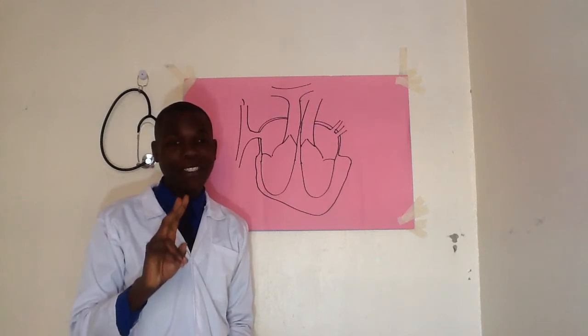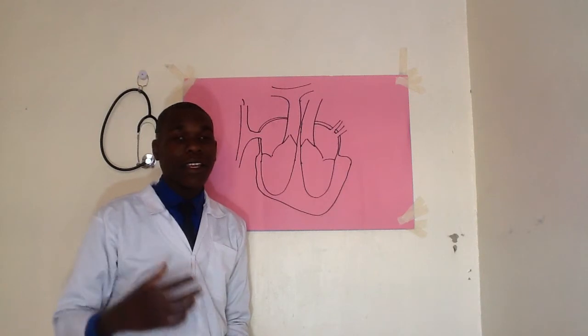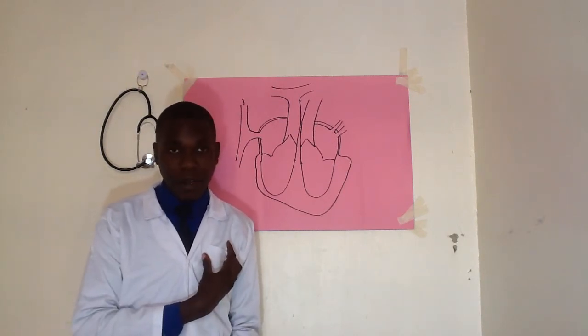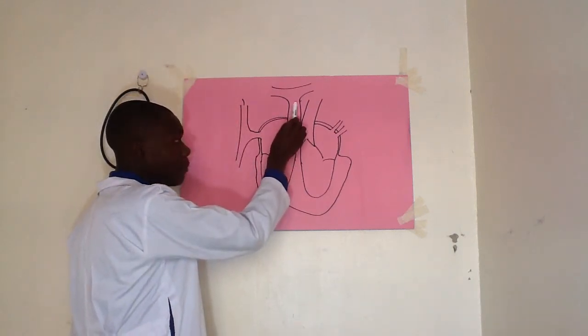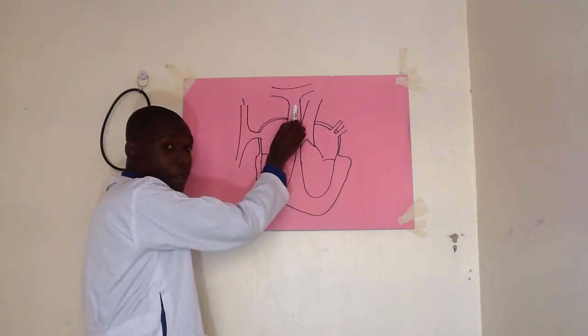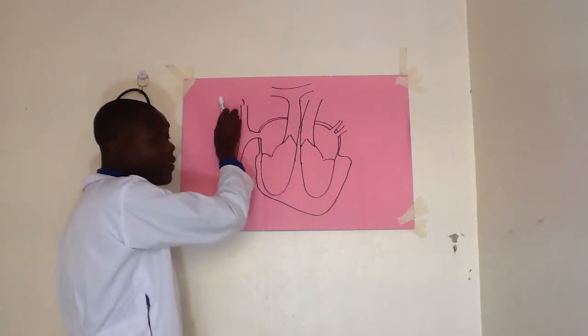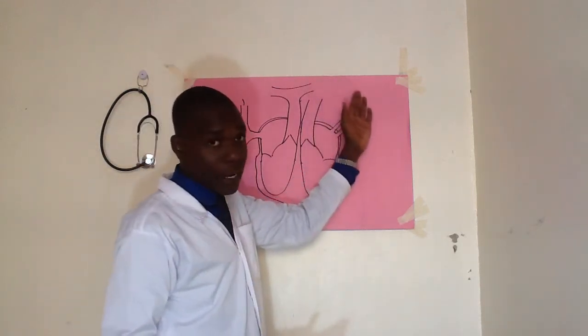Every individual has one pair of lungs, a right lung and a left lung. So, when blood comes into our pulmonary artery, the pulmonary artery divides into two. One going to the right lung and another taking blood to the left lung.